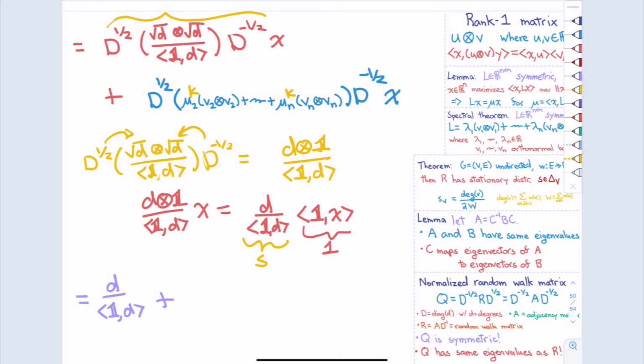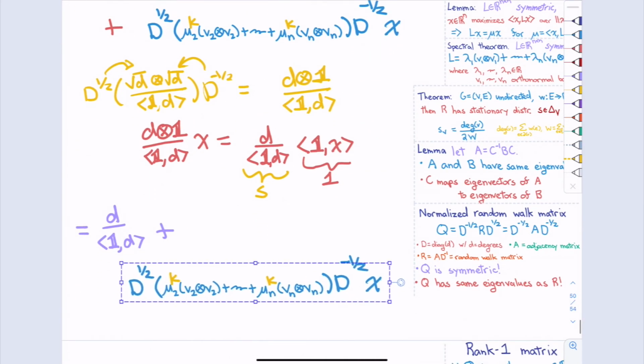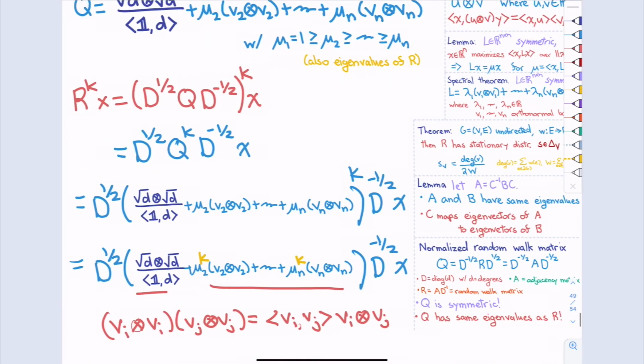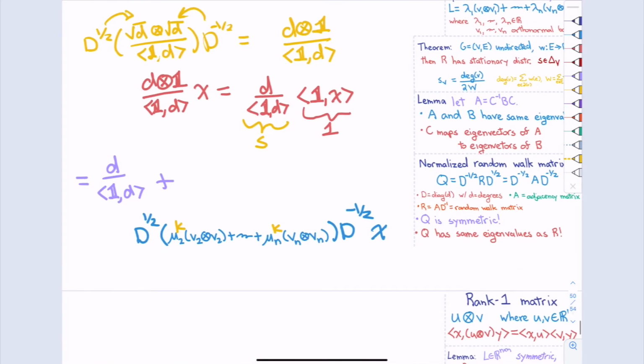So if I went all the way back, we're left with the stationary distribution plus something like this. Let me zoom all the way back. We asked what happens when I apply k steps of the random walk to this initial distribution x. You get the stationary distribution plus some leftover terms.